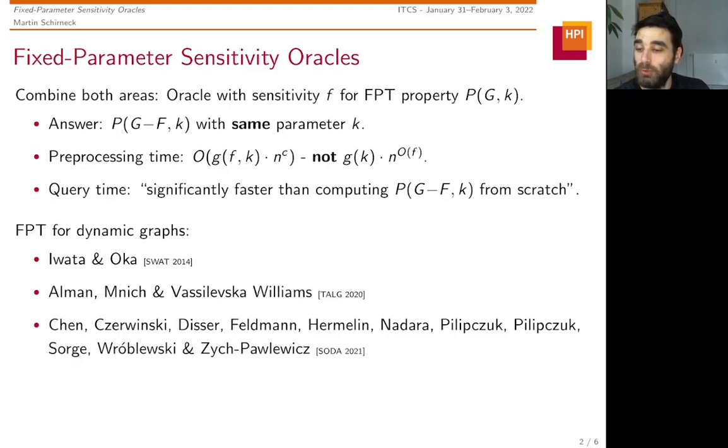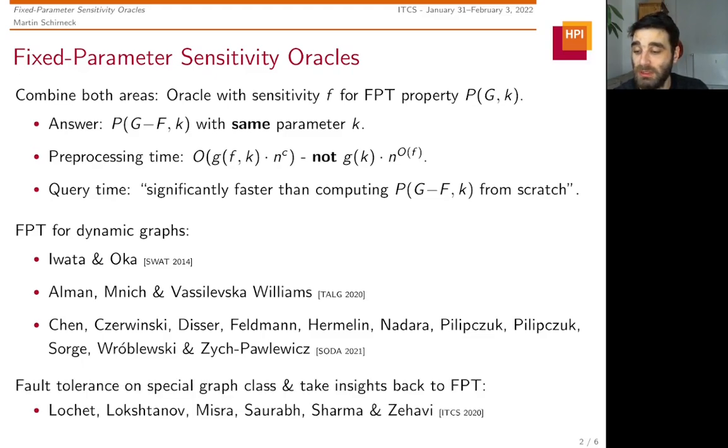Their results were further developed by Alman, and Wasilewska-Williams, and recently Chen et al. transferred this also to other parameters, most notably the tree depth. They showed how to dynamically maintain an elimination forest, which is used to define tree depth. But none of these works discuss the setting where the sensitivity f is fixed. So they do it for dynamic graphs, but not in the sensitivity setting.